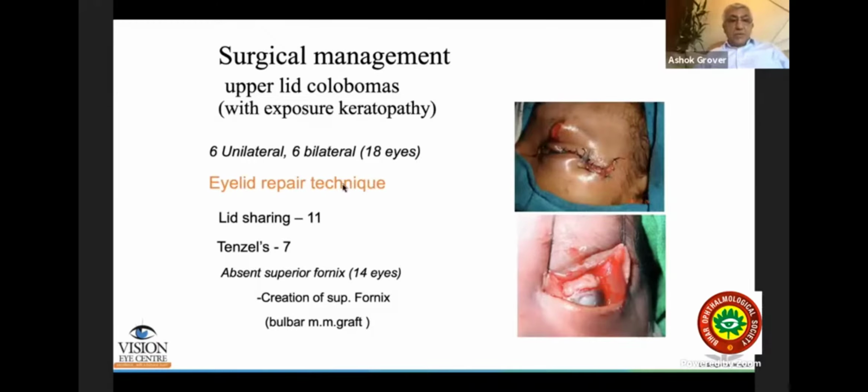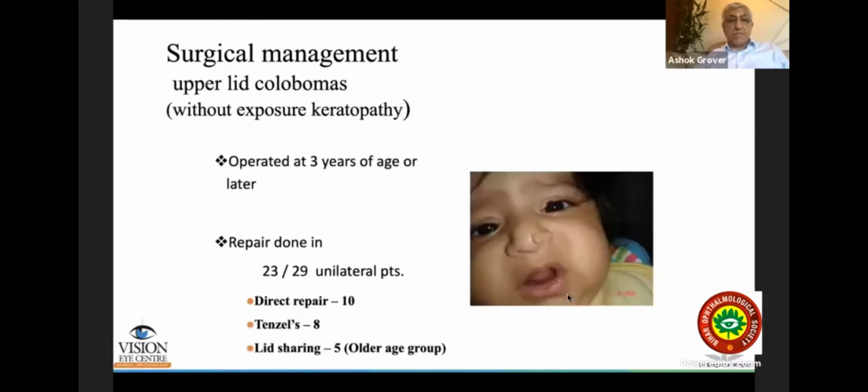The upper lid colobomas in our series were managed both with lid sharing and Tenzel's procedures, and those with absent superior fornix first had the superior fornix created by a mucous membrane graft, as we can see here.